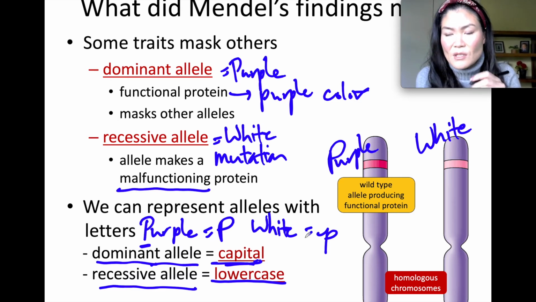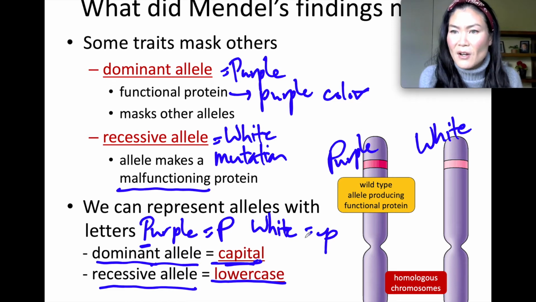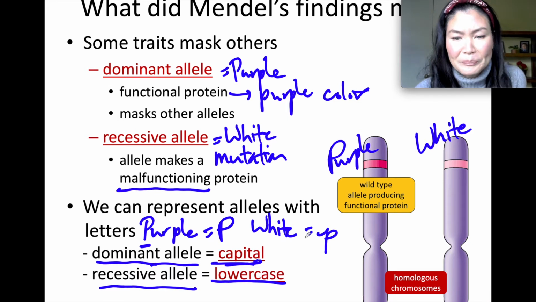If you see uppercase and lowercase, you know that one is dominant to the other. But if you use two different letters, we're talking about incomplete dominance. For example, the symbol for red will be R, the symbol for white will be W, and R and W together make a different color, pink. Anyways, I think I'm going a little too far ahead.